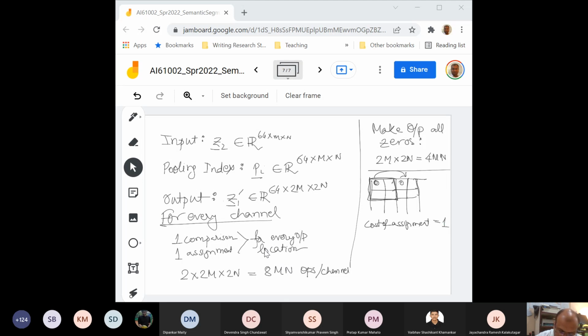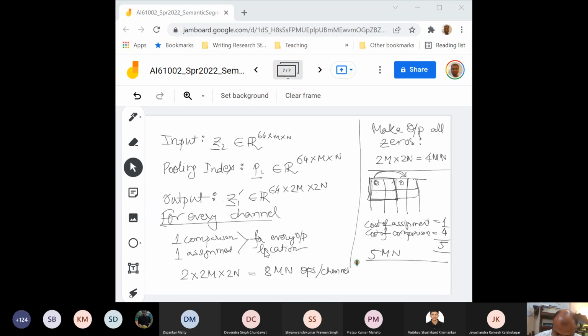So this cost of assignment is 1, but there is a cost of comparison, because where do I need to assign that value? That cost of comparison is there. That is going to be 4. Okay, so this makes it 5. Now this is going to go over all mn such locations. So that makes it 5mn.